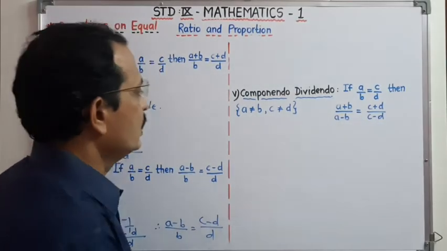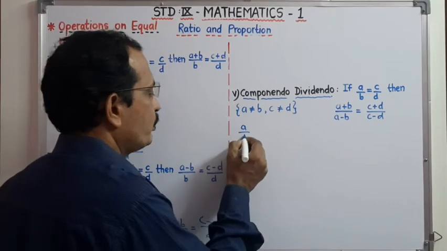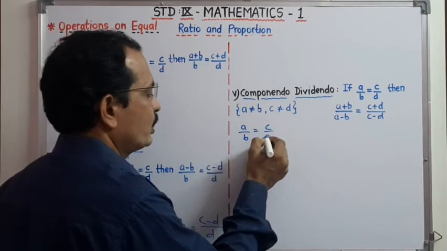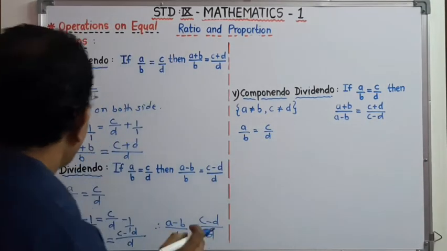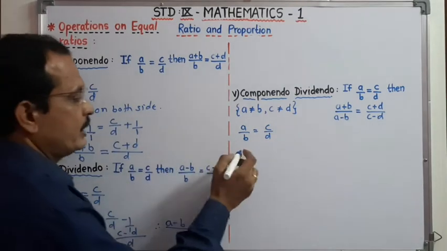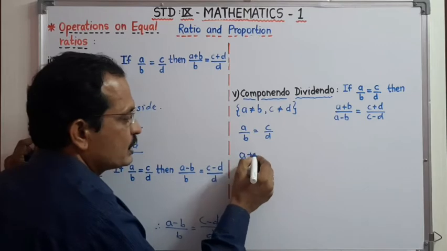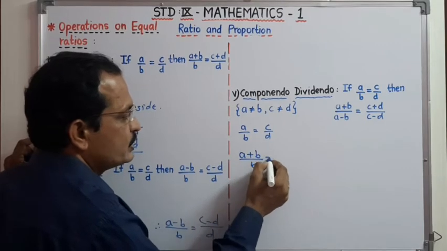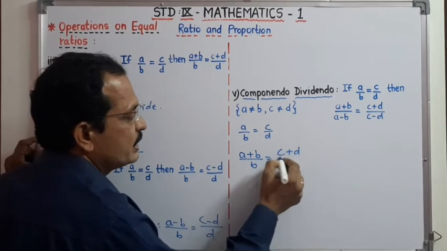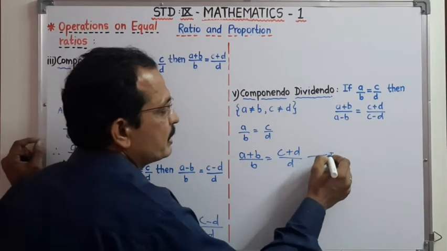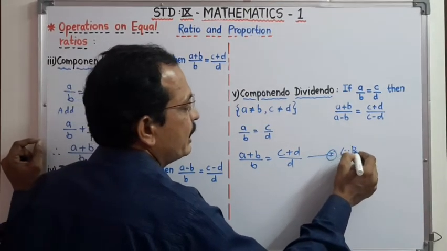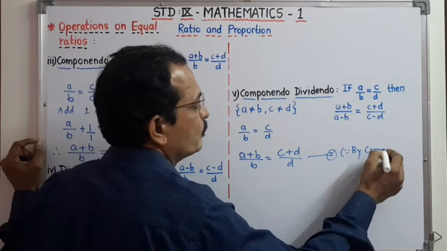Now dear student, all of you know that a upon b is equal to c upon d. By Componendo, we can write here, therefore by Componendo, a plus b upon b is equal to c plus d upon d. Here it is statement number first, and we say that by Componendo.